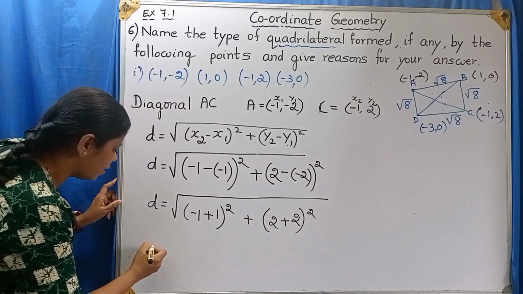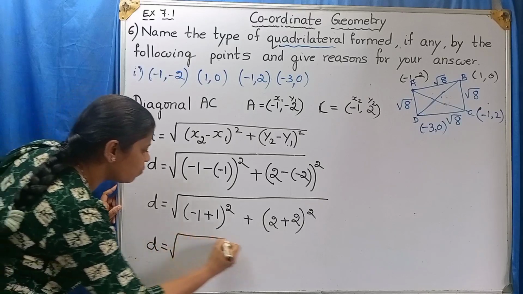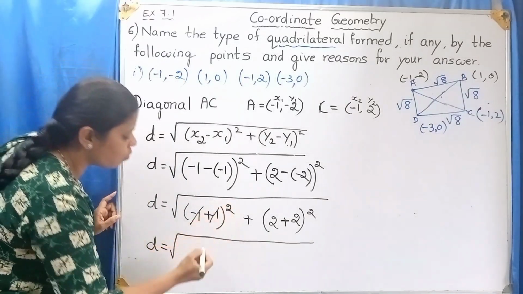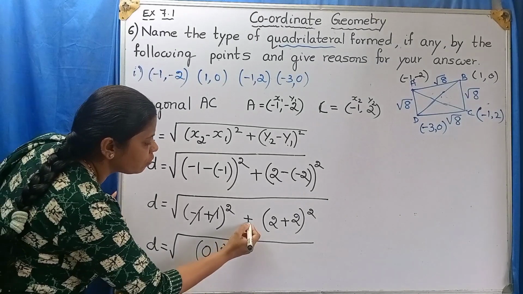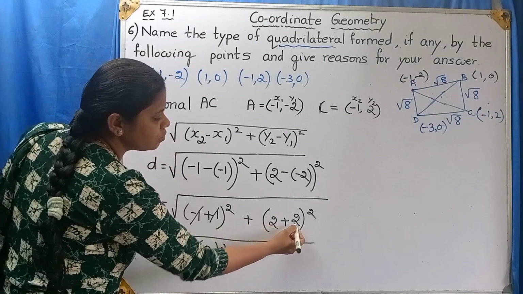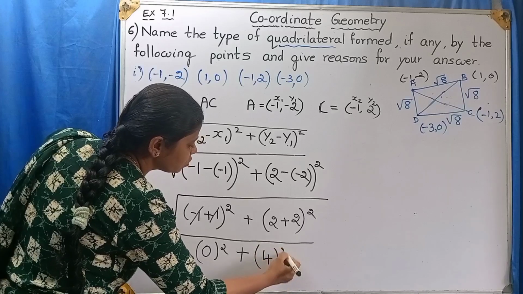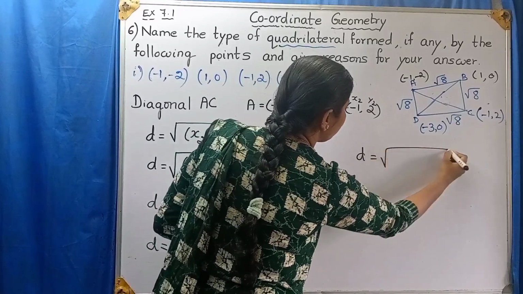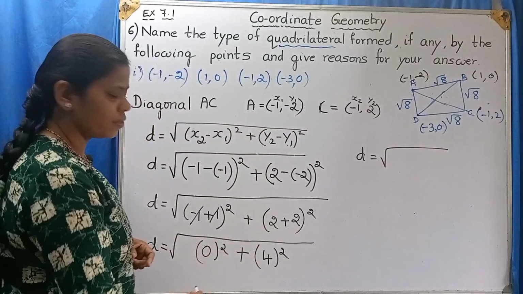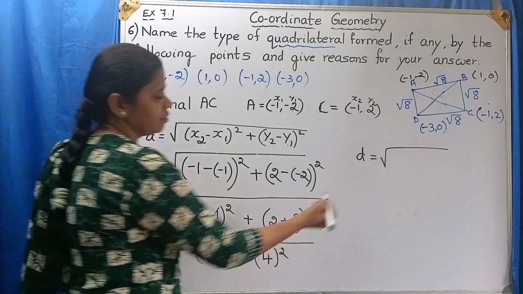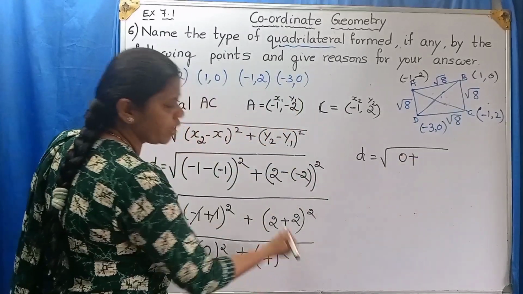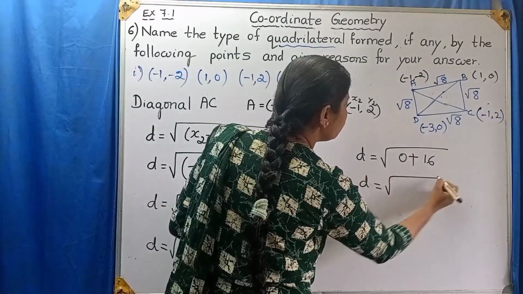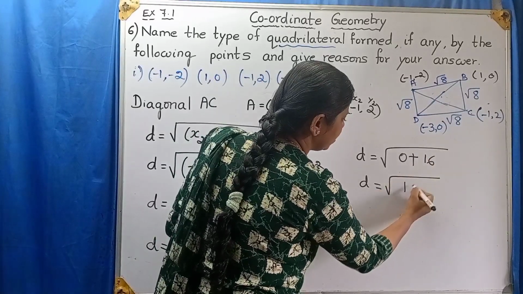Then D is equal to square root of -1 plus 1 gets cancelled, that is 0 the whole square, plus 2 plus 2 is 4, 4 the whole square. That is, D is equal to square root of 0 square, that is 0, plus 4 square is 16. So D is equal to square root of 0 plus 16, which is 16.